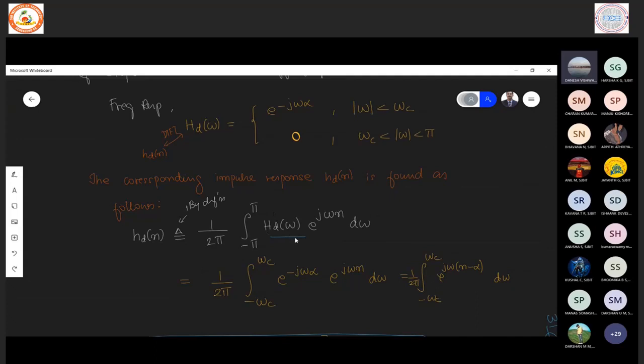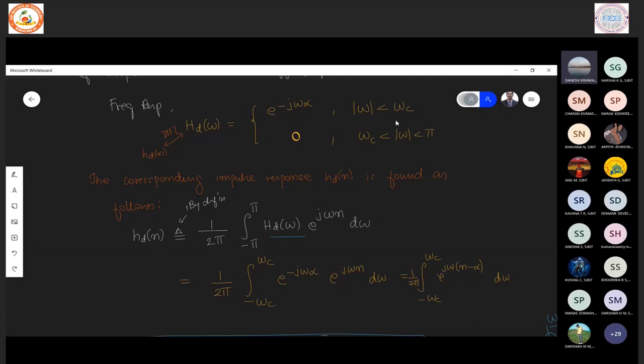So in the definition, we are inserting the value as Hd of omega. Now we are aware of what Hd of omega is: e power of minus j omega alpha. This value we insert in place of Hd of omega. The limits also have to be changed, because omega is restricted between minus omega c to plus omega c.